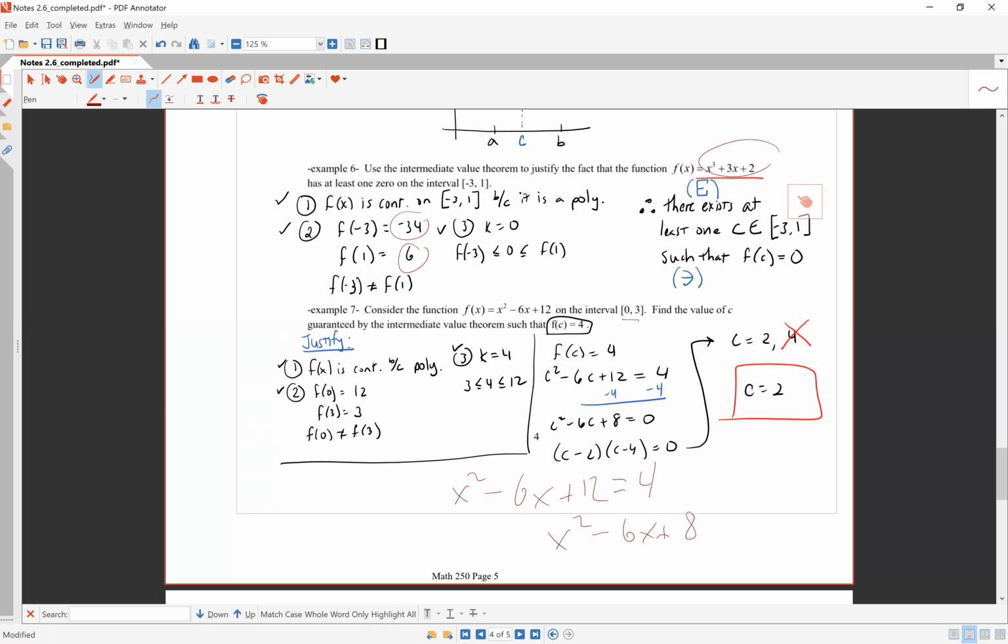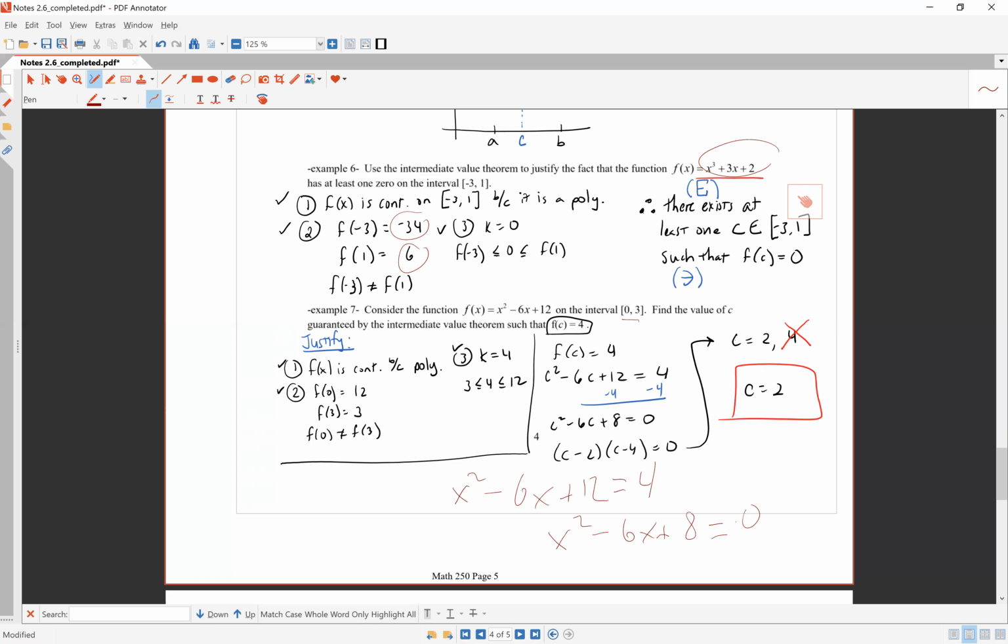Sorry, my printing is pretty bad there. You want to show that there's some solution in the interval from 0 to 3. So when x is 0, what do you get here? You're getting 9, right?